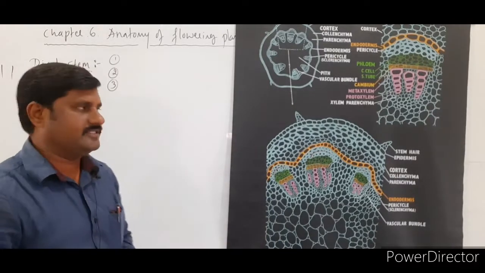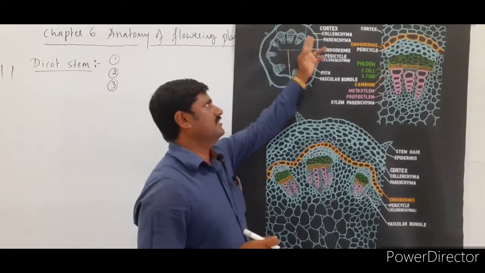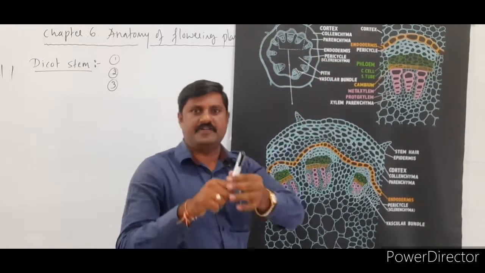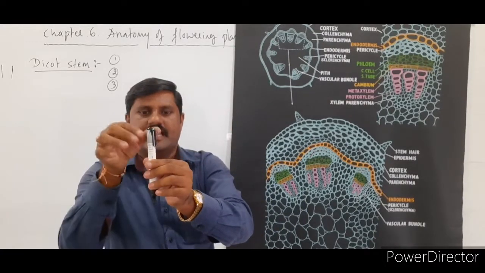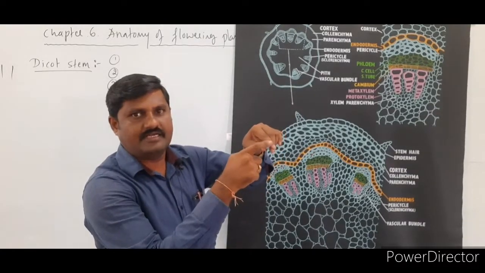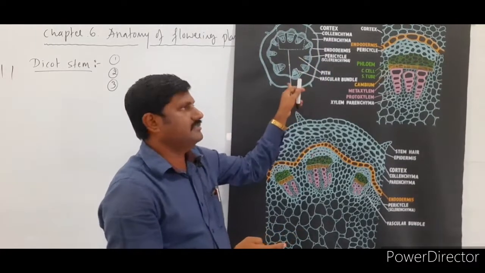In the dicot stem, you will find the ground plan of the dicot stem over here. If it is a stem, then when you take the cross section of this one, it looks circular in shape, and that circular structure you are finding here on this chart.